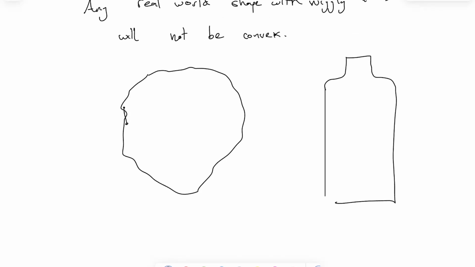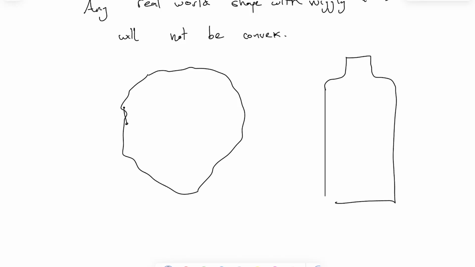No. Why not? Because of the innies. Yeah, I see innies up at the top. This here, right? That's the problem. Down here, no problem at all. But those two innies are the problem. So this is not convex.